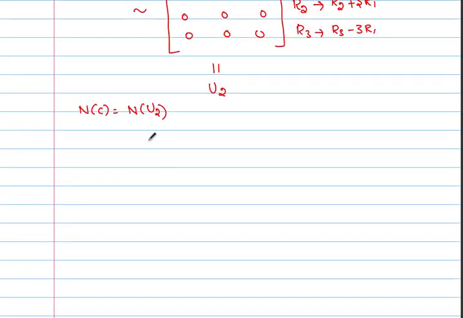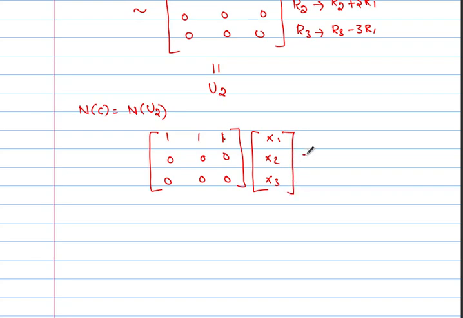So 1, 1, 1, 0, 0, 0, 0, 0, 0 times x1, x2, x3 equals 0, 0, 0. This is the null space.